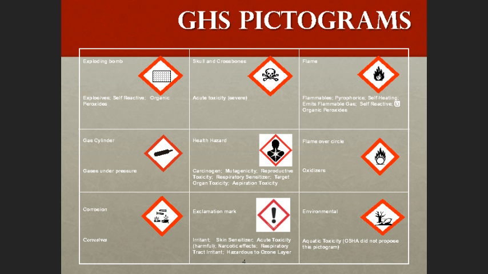Next is an example of the global harmonization pictograms that are outlined in the new hazard communication standard that's required. And as you can tell, each individual pictogram is shown here as a way for the course participant to visually see them and then couple this information with what's presented.